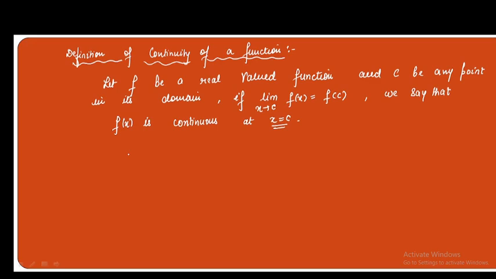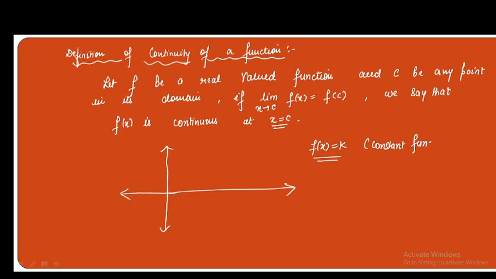So what does it mean? Suppose you have a function, let's say f(x) is equal to k. It is a constant function that you have studied in relations and functions, the types of functions.